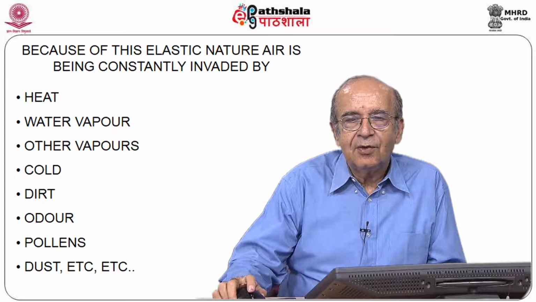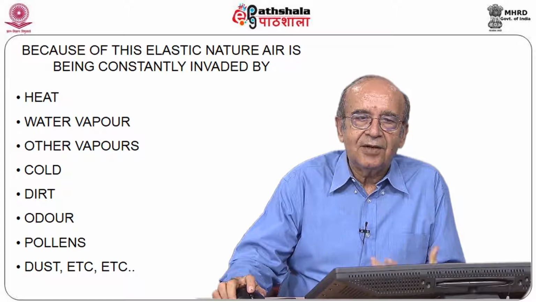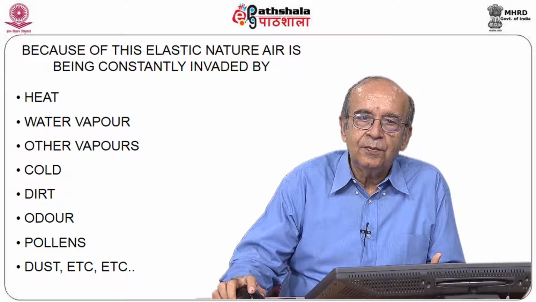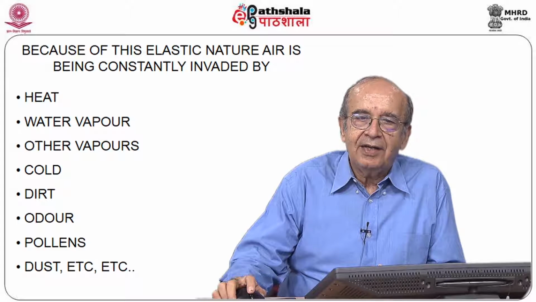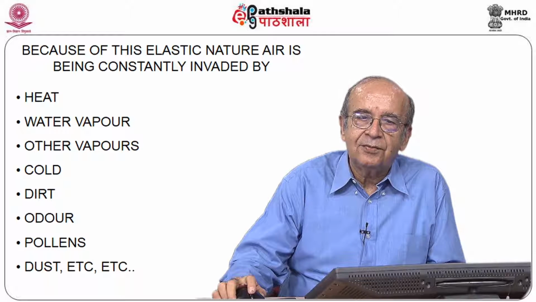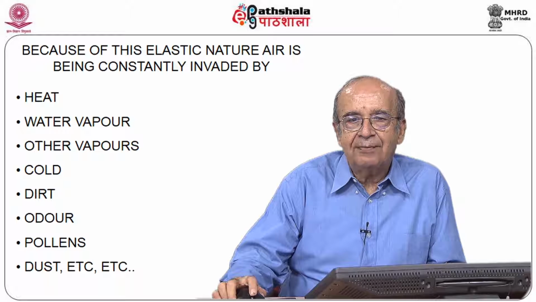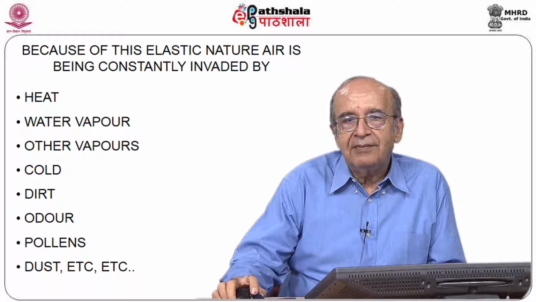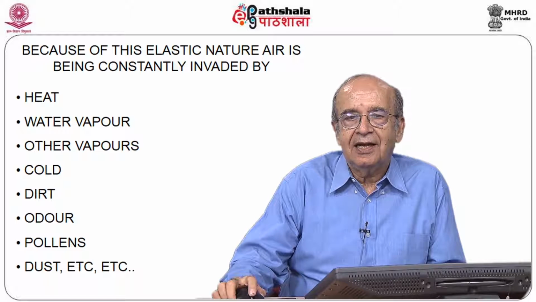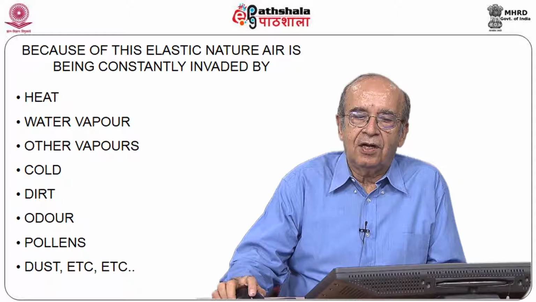So like this, the moment you identify that you have to treat air in an air-conditioned room and you are going to be worried about the nature of pollutants that are likely to come into this room, you will build an enclosure which is apt enough to keep out or minimize the invasion of this air by these pollutants, as one would call them.